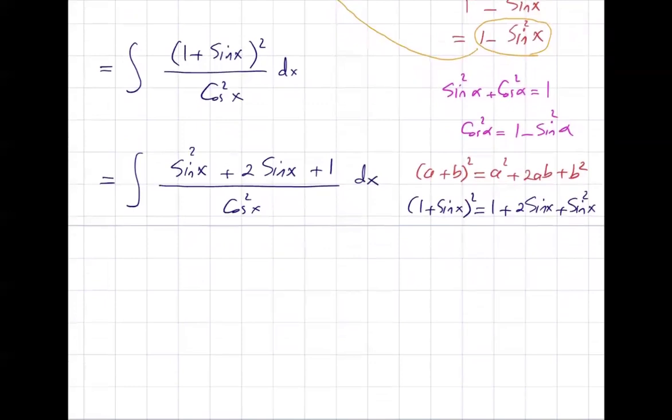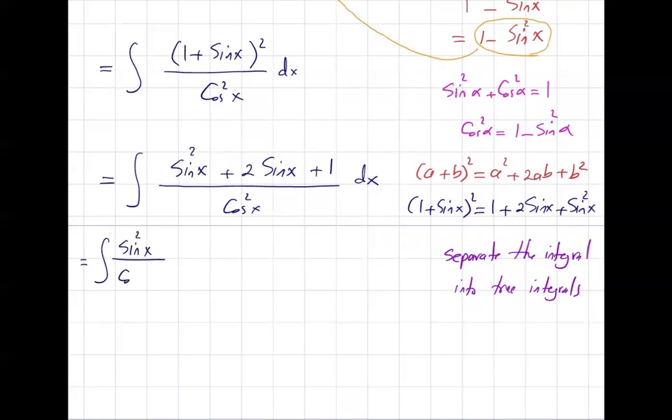Now separate this into 3 integrals. The very first integral is the integral of sine squared of x divided by cosine squared of x dx, plus 2 times the integral of sine x divided by cosine squared of x dx, plus the integral of dx over cosine squared of x.